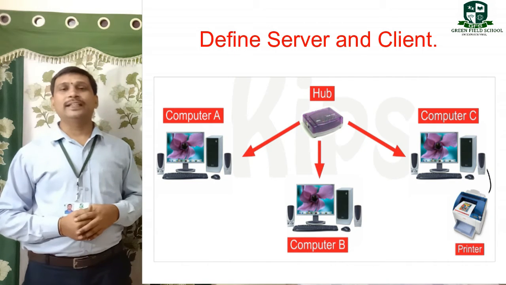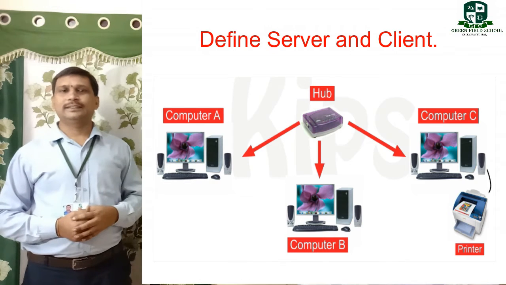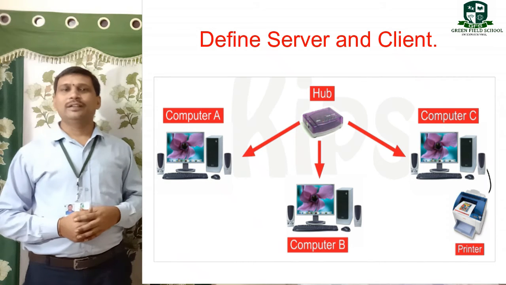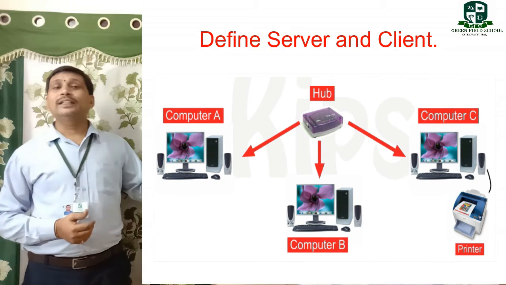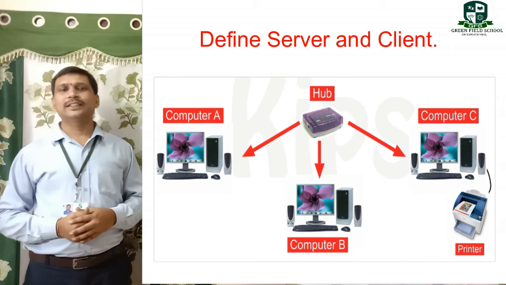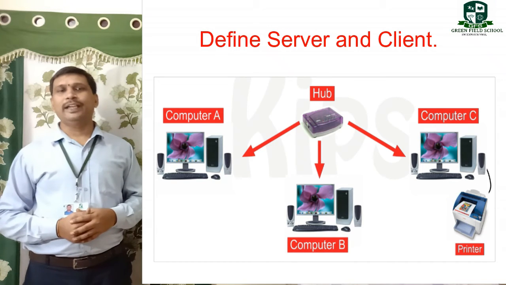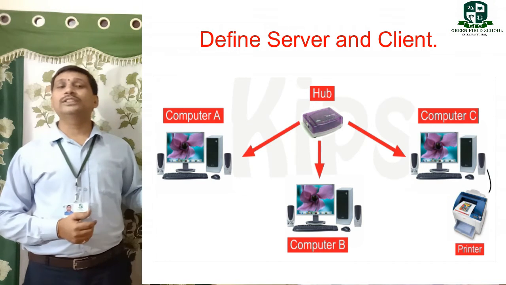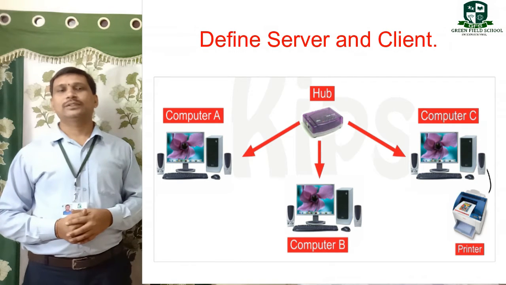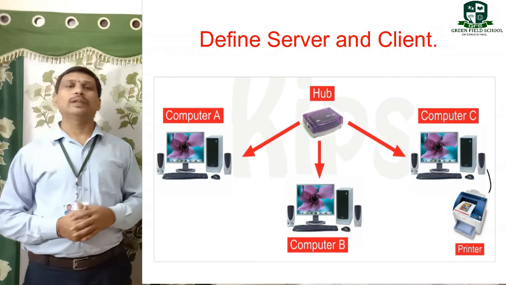This diagram clearly depicts how peripheral devices, which are hardware resources, are shared. When we share all these computer resources, it reduces the cost of the hardware. That is one of the advantages, and we add this point to our advantages of networks.